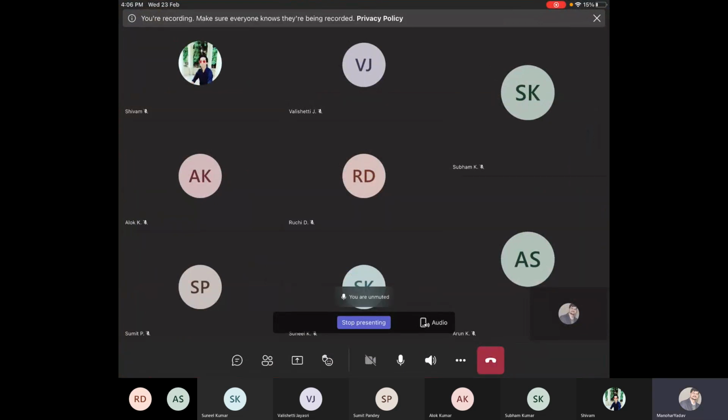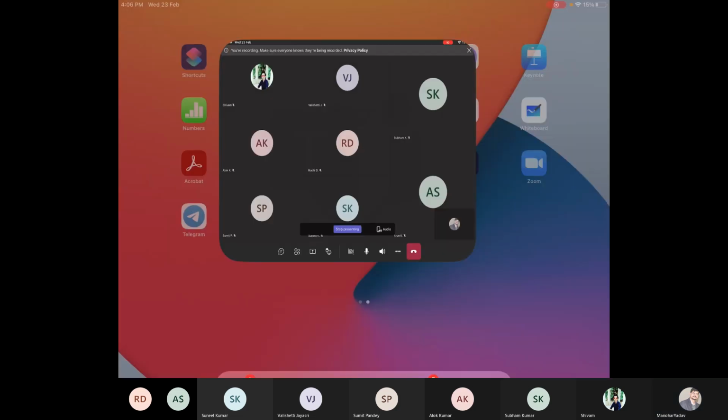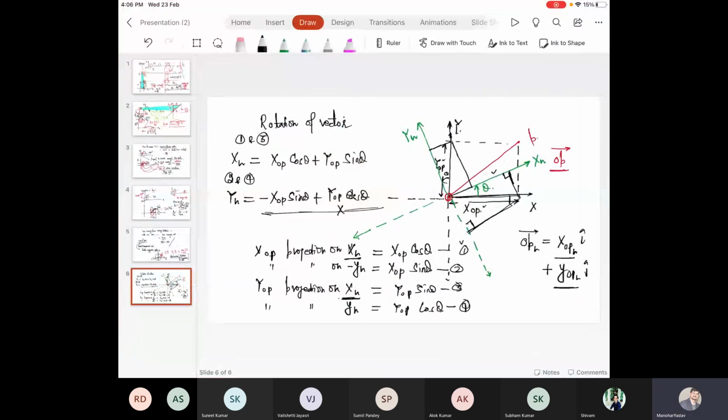Okay, if you have completed this, I hope you have revised it. So kindly do the similar calculation for rotation about x-axis and rotation about y-axis. In this case, what we have derived is, when we rotate in an anti-clockwise direction by angle theta about z-axis, xn and yn can be written in terms of xop and yop.